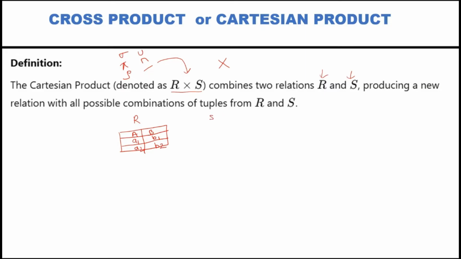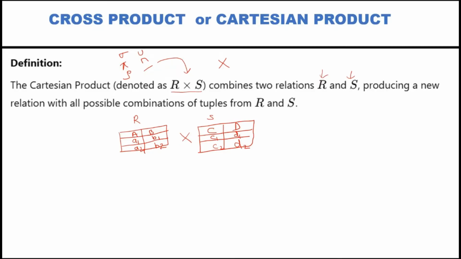And then we take the relation S, and in this relation S, I will take two more attributes, C and D. Here I will take C1, D1, and C2, D2. Now we want to make a cross product of these two.